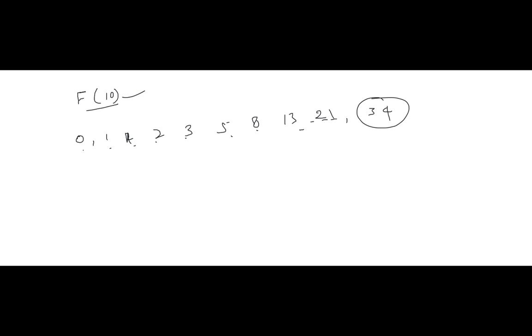If you are to calculate F10, instead of going all the way back to F9 and then F8, F7 will be computed multiple times. So instead of doing it multiple times, you memoize it, put it in memory, and then you access it instead of calculating it. If it is already saved, you use the cached value instead of calculating F7 again.